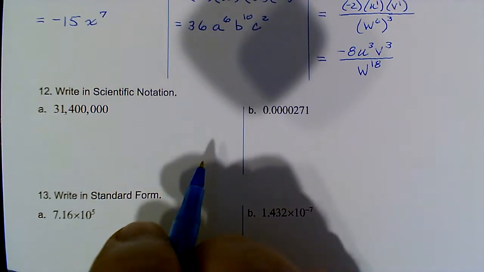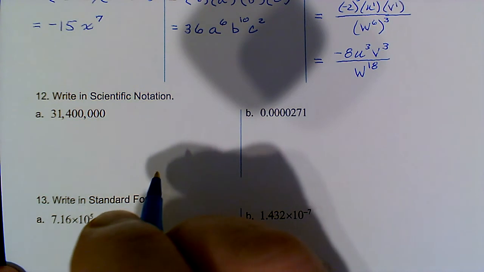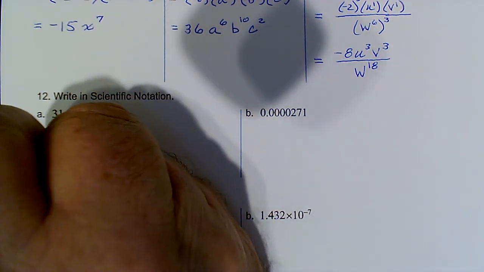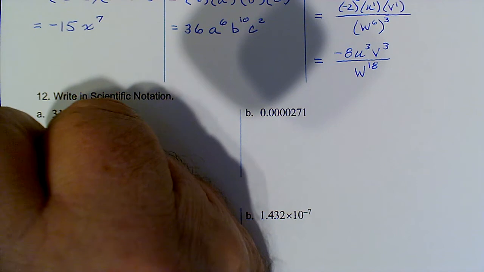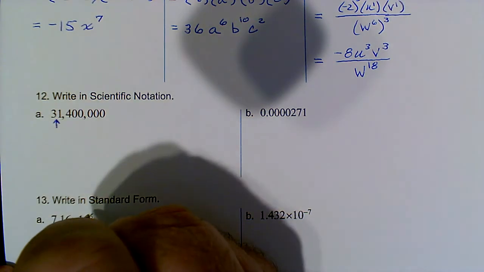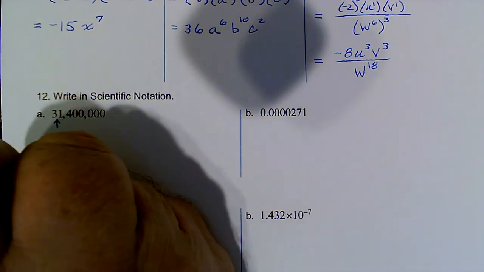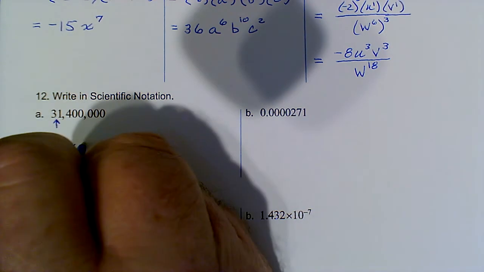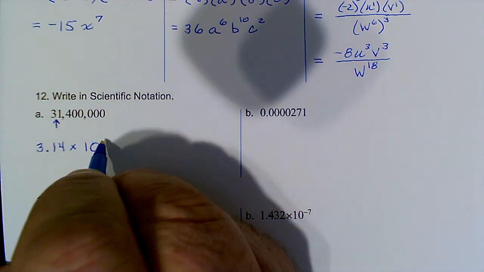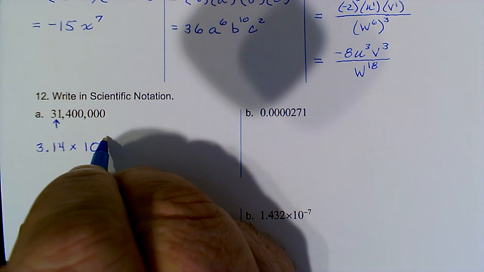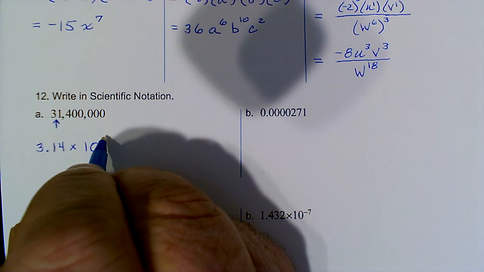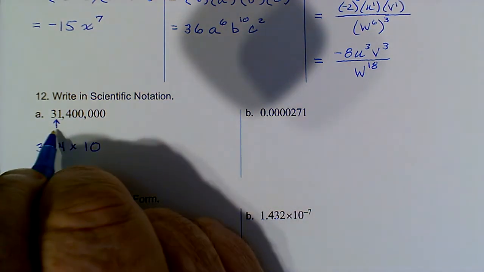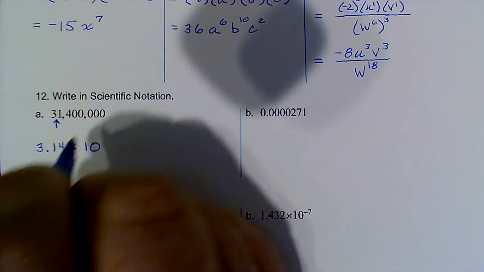But remember, in scientific notation, the idea is to write the number such that there's only one non-zero digit before the decimal point. So I would write this as 3.14, and then it's always going to be times 10 raised to some power, and the power is determined by how many places we move the decimal point to get to the position where the arrow is.